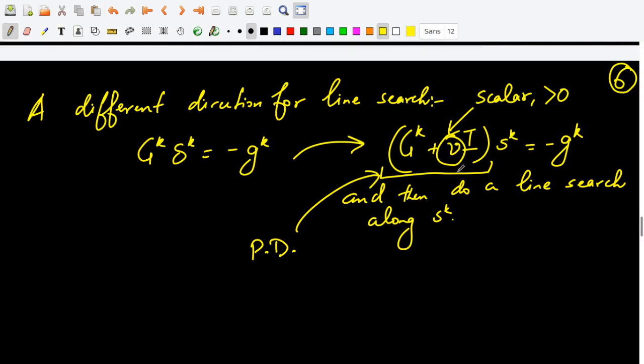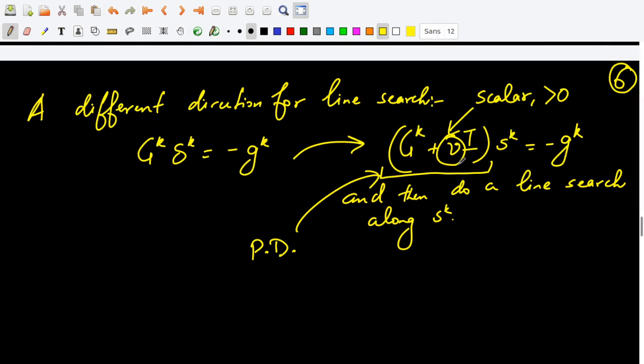So we don't want mu to be too big. If it is too big, then I am very close to the steepest descent, which I know is slow. But if mu is too small, then this whole thing may not be positive definite, and then I may have problems mentioned earlier. So we would like a sufficiently small mu so that this whole thing becomes positive definite.